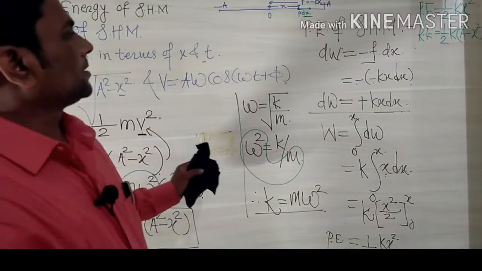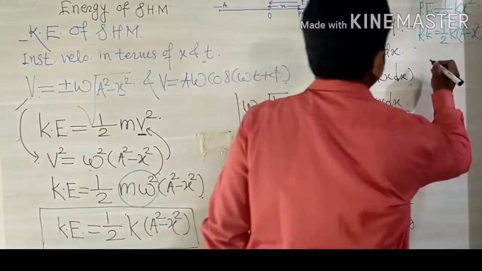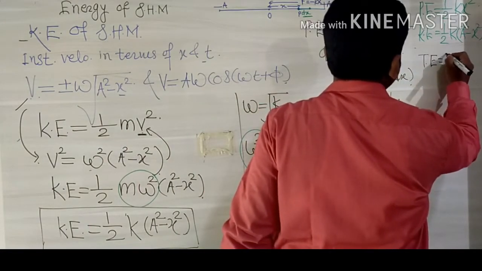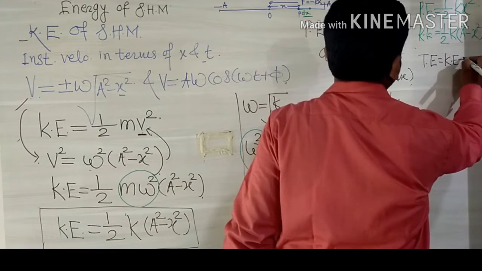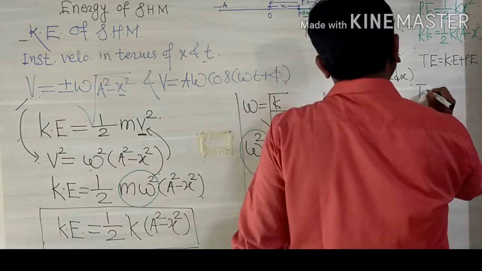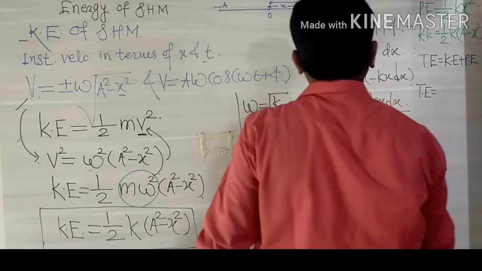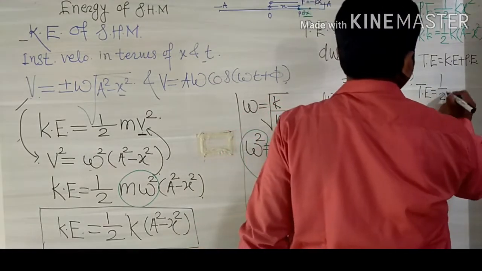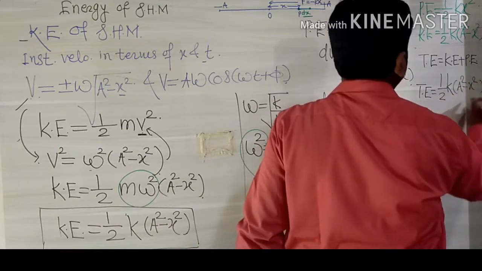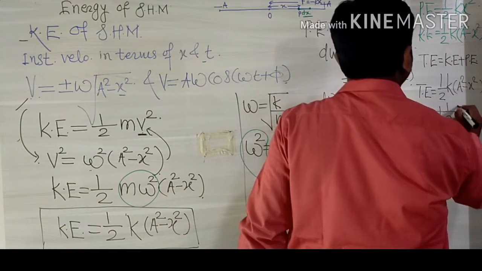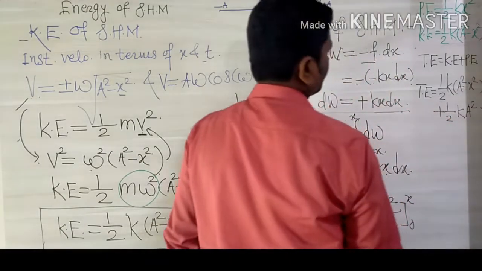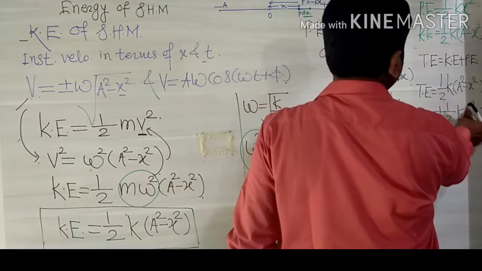Total energy is kinetic energy plus potential energy. So total energy is equal to 1/2 k into a square minus x square plus 1/2 k x square.